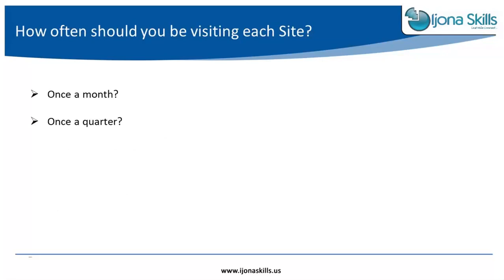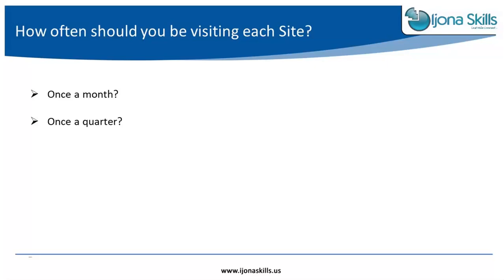Well, again, let me share my experience with this. Once a quarter, as a general rule, is certainly frequent enough. In fact, you may have some teams that are performing so well that you can visit them maybe only once every 6 months.